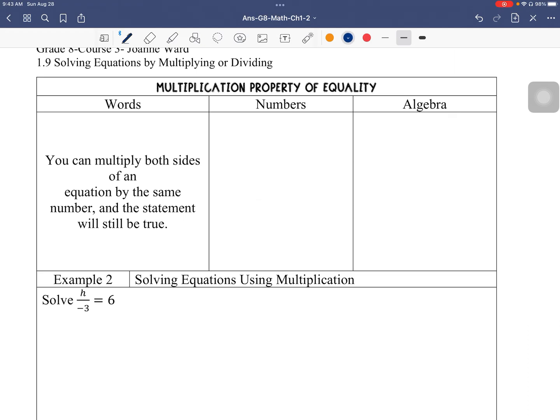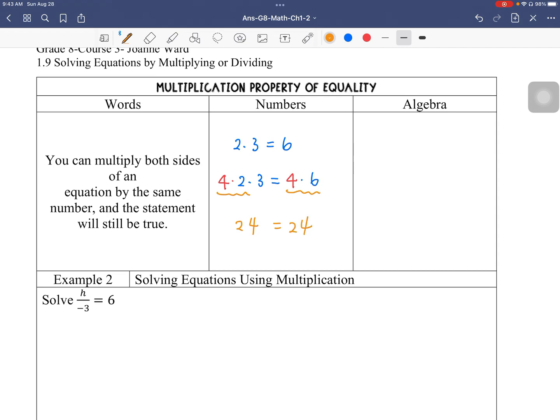For numbers, if I have 2 times 3 equals 6, then 4 times 2 times 3 still equals 4 times 6. 4 times 2 is 8, 8 times 3 is 24, and 4 times 6 is also 24.